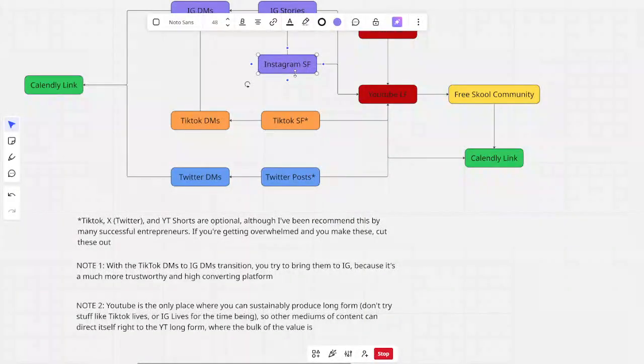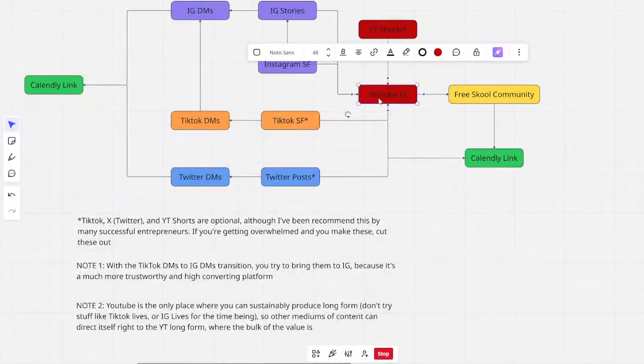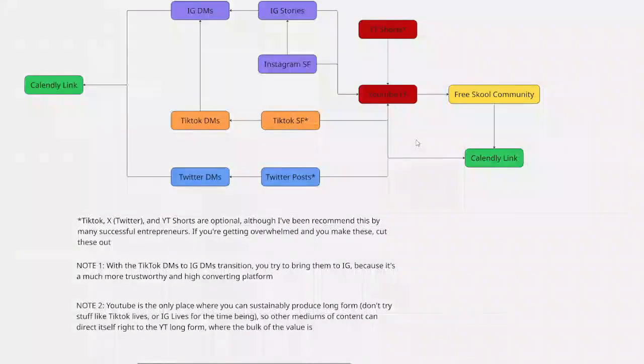I'd say Instagram by itself probably does more than all three of these put together, in my opinion. I might be wrong. So, all of these short form methods go to your YouTube long form because you want to convert from short form to long form, okay? And because long form content is where all the value is, where you deliver all of the value, all right?